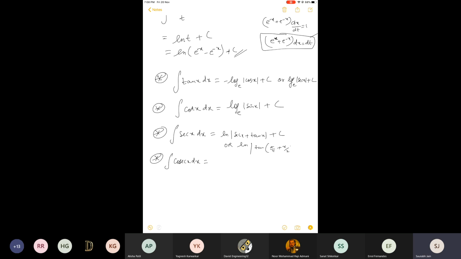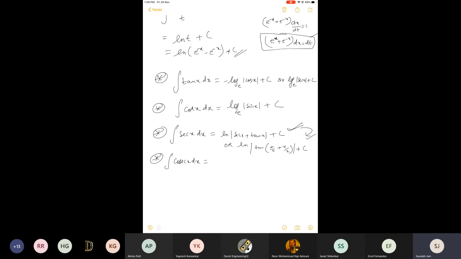See, in objective type of questions, they mainly use the second form, ln mod tan of pi by 4 plus x by 2. Though both of them represent the same, trigonometry is used and you can convert sec plus tan to this, okay? When you will be solving objective type of questions, this second form, the x by 2 type form, is more prevalent in options.